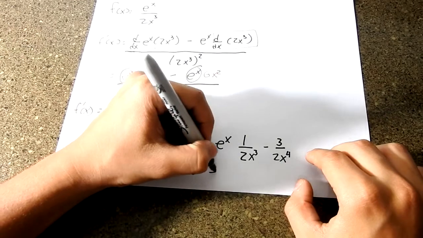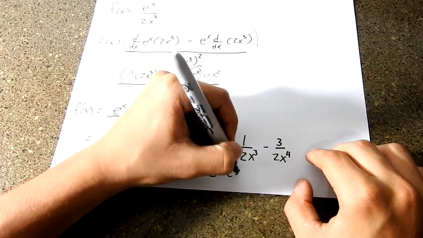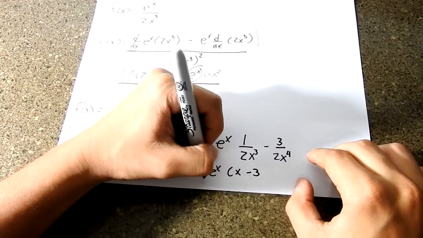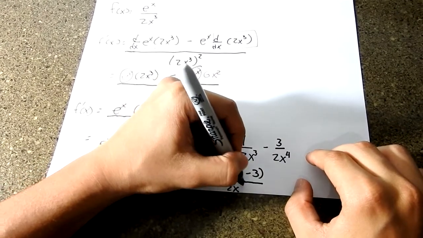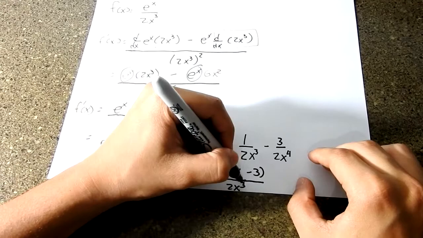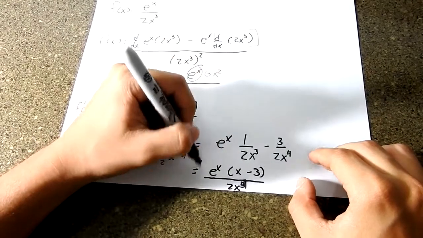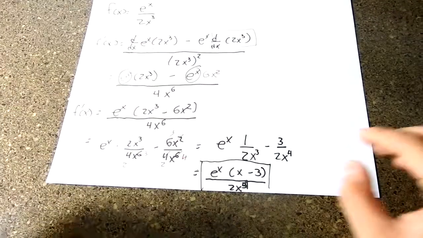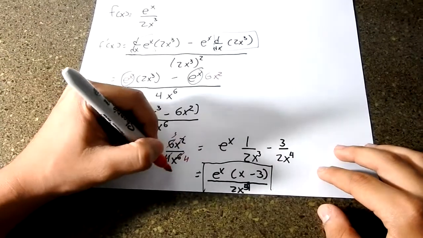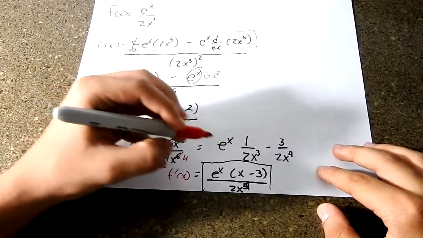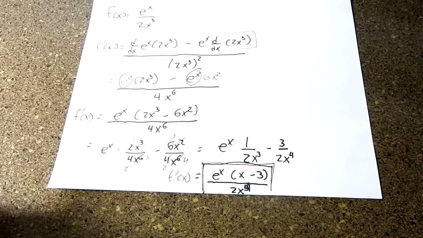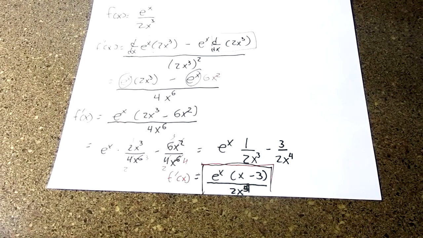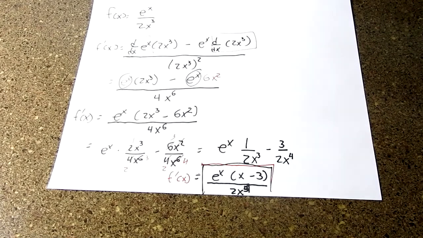So we're going to have e to the x, x minus 3, and then all of this over 2x to the 4th, I'm sorry. So this over here is the answer in its simplest form: e to the x times x minus 3 over 2x to the 4th power.